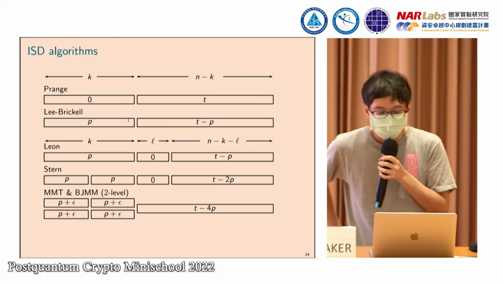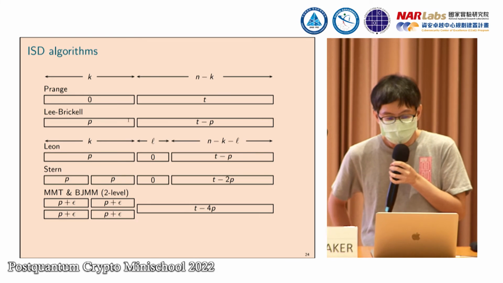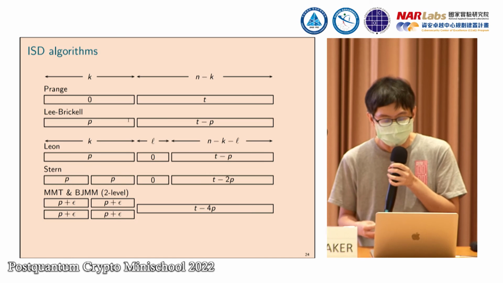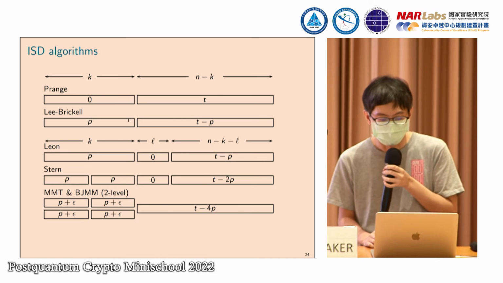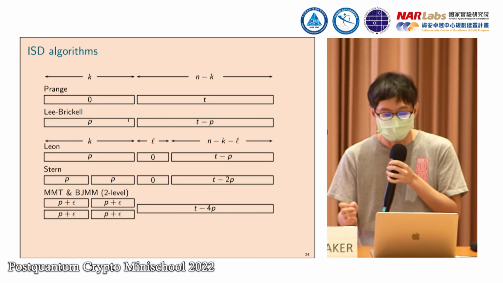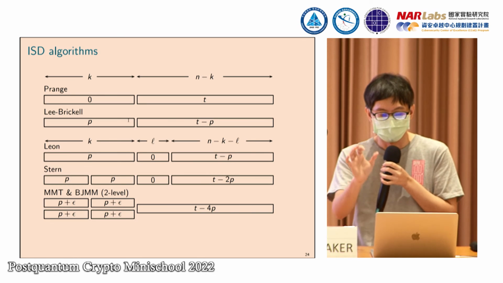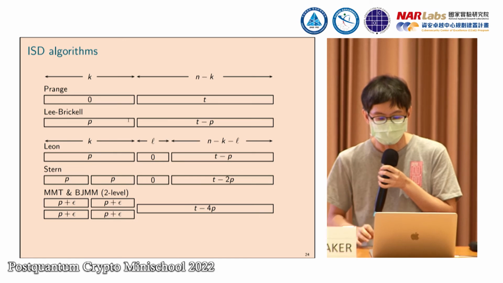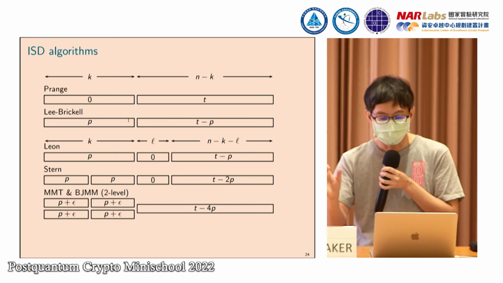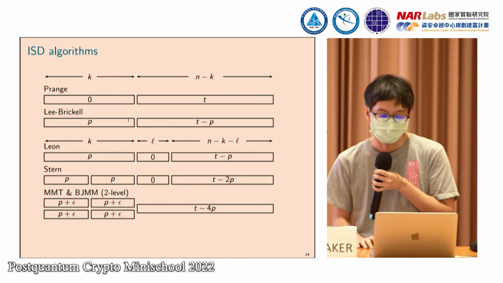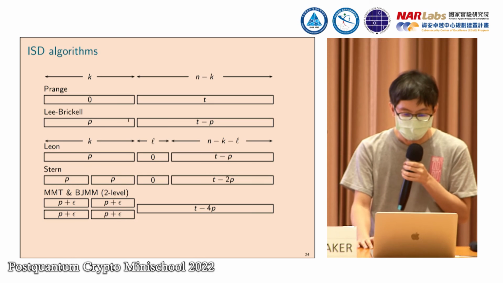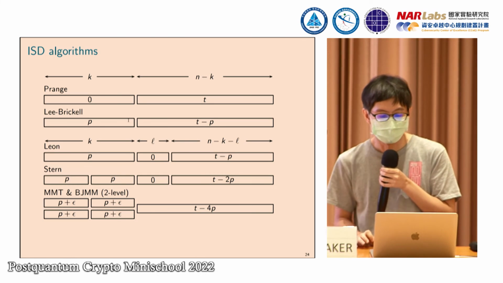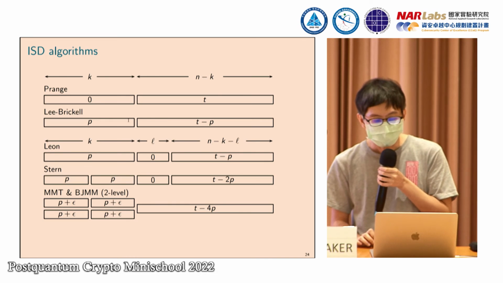Okay, and here's a summary of the ISD algorithms I presented. Maybe you can try to recall what I said before. For Prange, it's 0 errors and t errors. For Lee-Brickell, it's p and t minus p. For Leon, because we want to make use of early aborts, there are going to be l entries which are not in error.